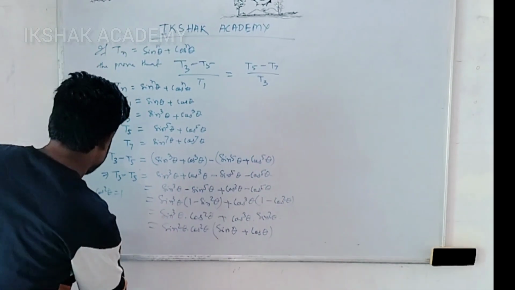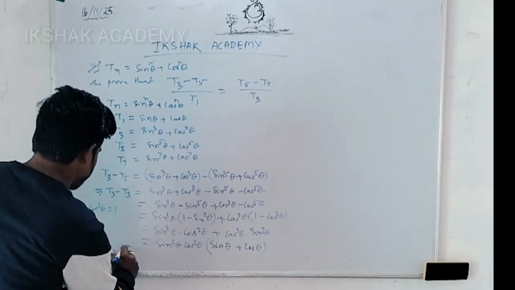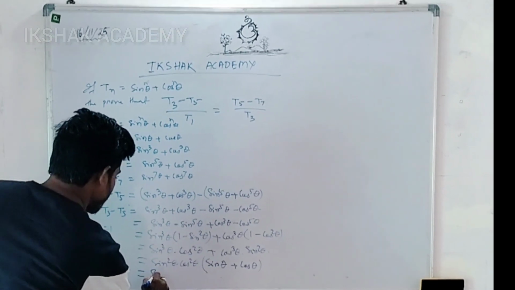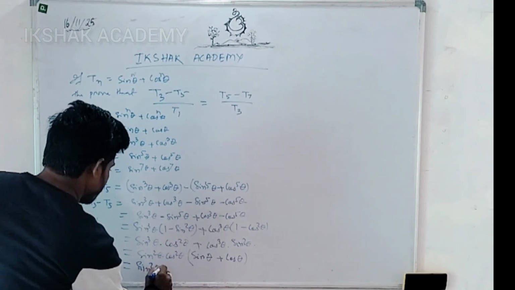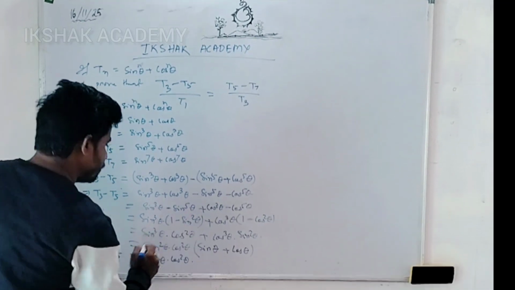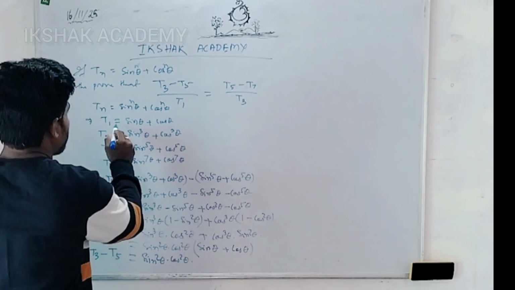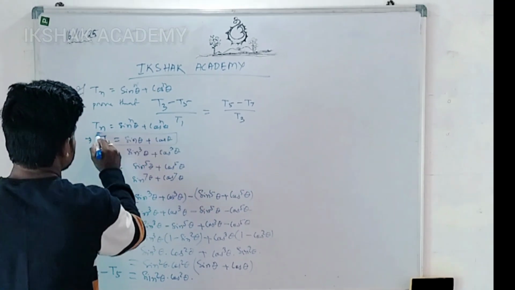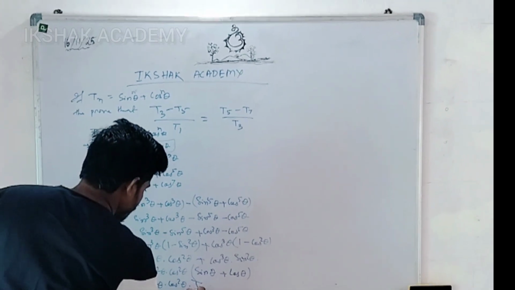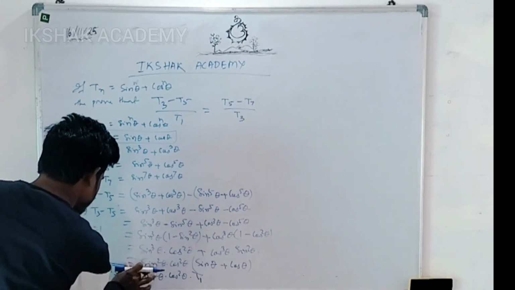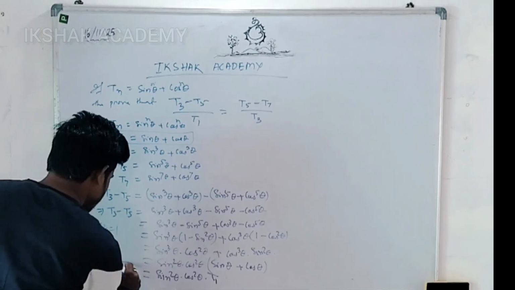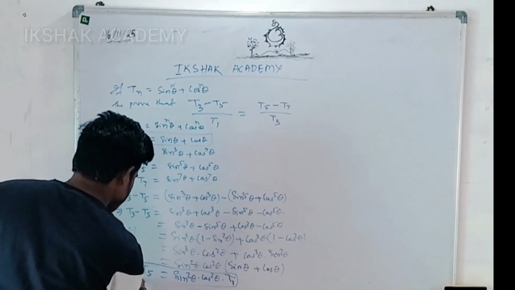So this is right. T3 minus T5 equals sin square theta into cos square theta into (sin theta plus cos theta). Here sin theta plus cos theta is T1, so we can write T1. This is T3 minus T5.